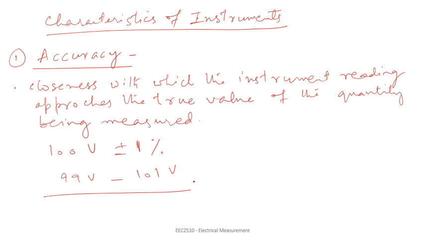So the accuracy of 1% defines how close the measurement is to the actual measured quantity. Okay, so this is the meaning of accuracy.